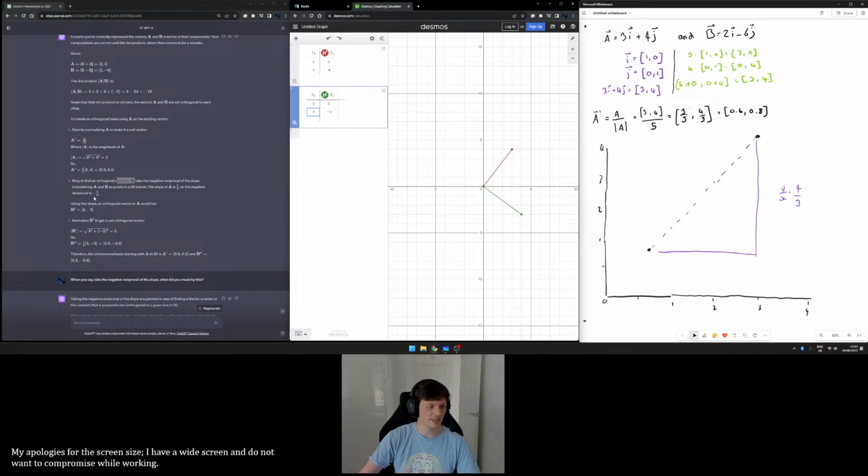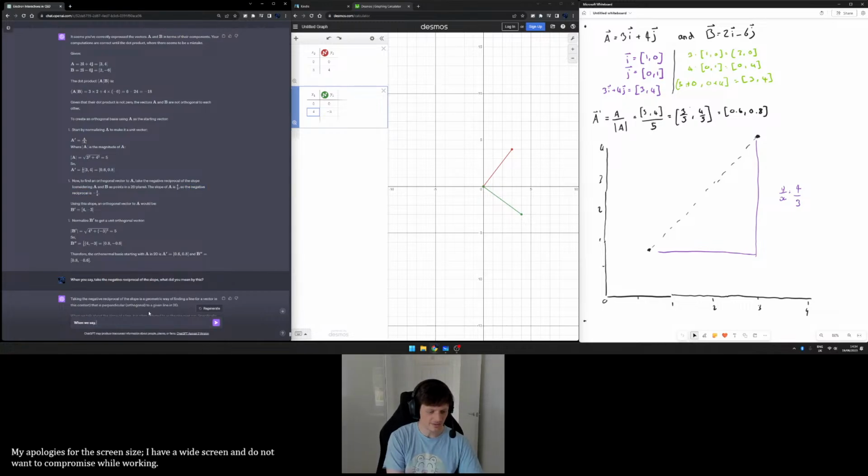The slope of A is, so the negative reciprocal. When we say negative reciprocal, what does that actually mean?